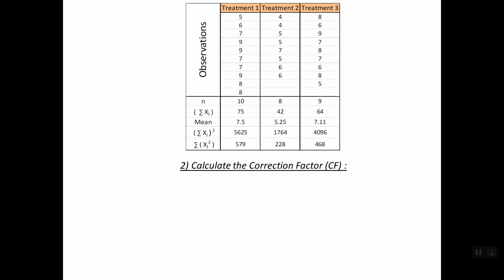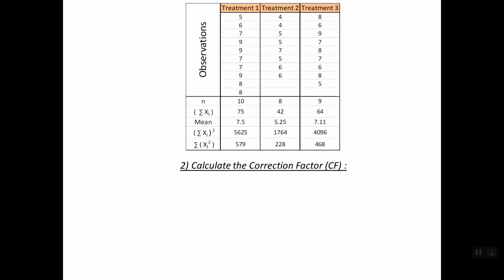First of all, in order to make the calculation, we should calculate first the correction factor in order to calculate the sum of squares. But first of all, we should make some calculation for the observations for the three treatments.